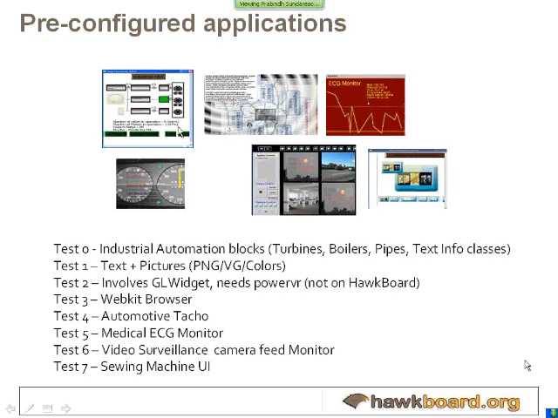Just to summarize again, these are the pre-configured applications which are available in this slide. We have an industrial automation sample, a widget plus text sample, a simple medical use case, an automotive tachometer, a video surveillance use case, and a simple picture of a standard swing machine use case.